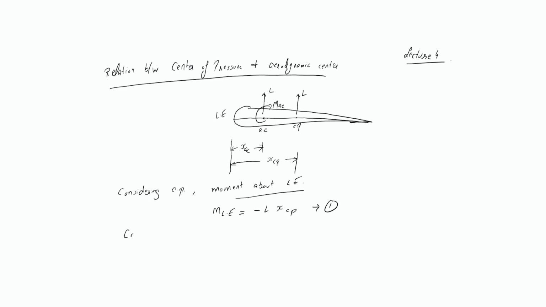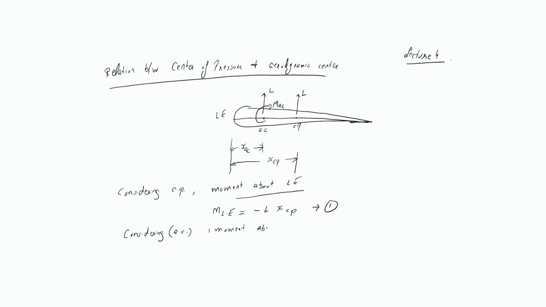Now considering the aerodynamic center. So again, moment about the leading edge. We are considering the same reference point, the leading edge, since we are developing the relation between the CP and AC.